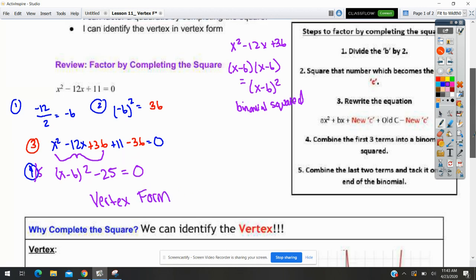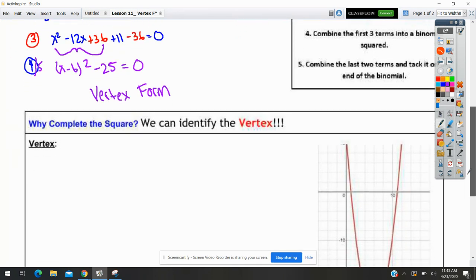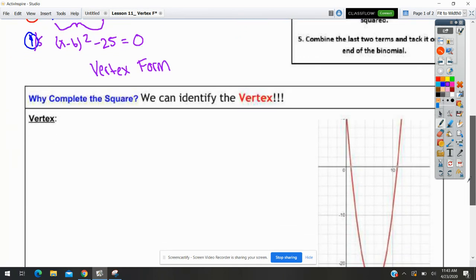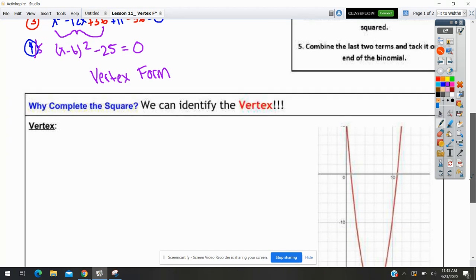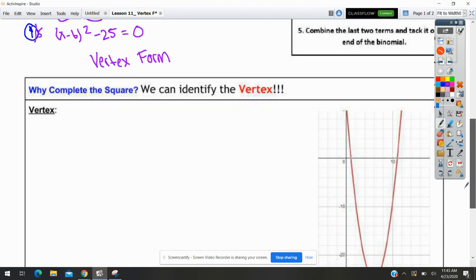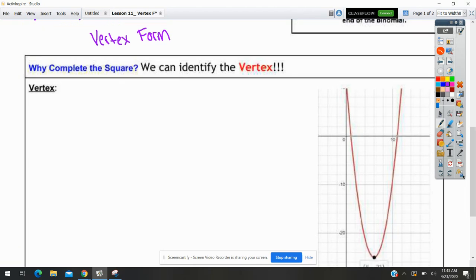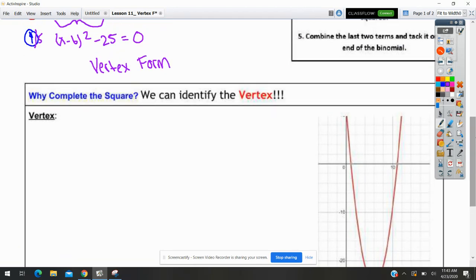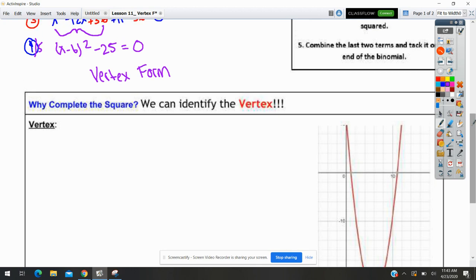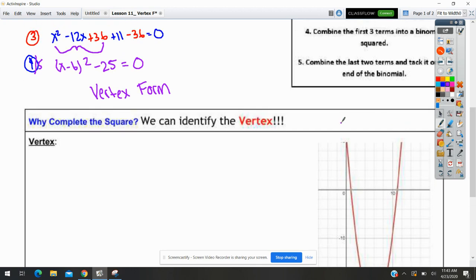Okay, so just moving on here. Why complete the square? Completing the square is a way for us to also figure out the vertex algebraically. If we look here, I have the graph of x squared minus 12x plus 11.